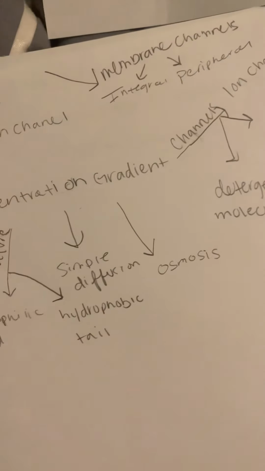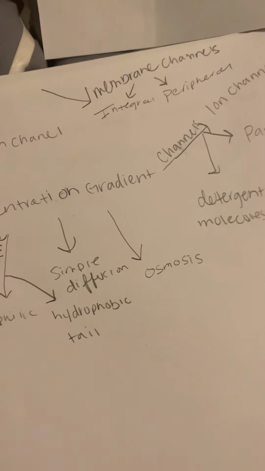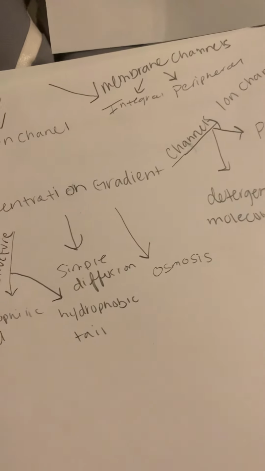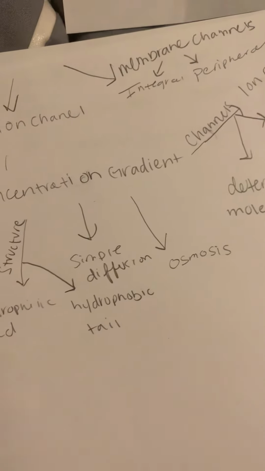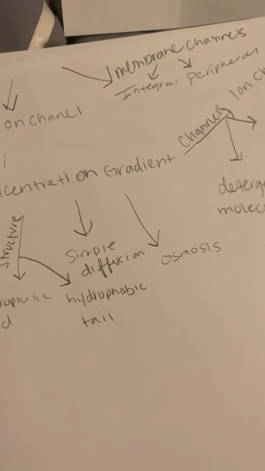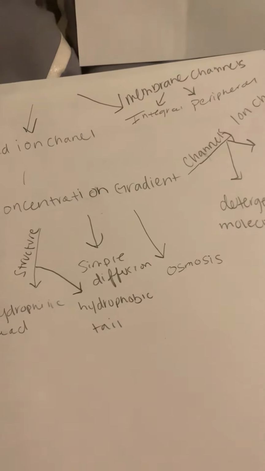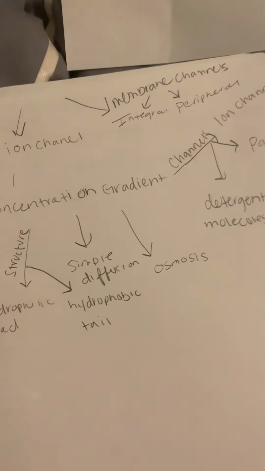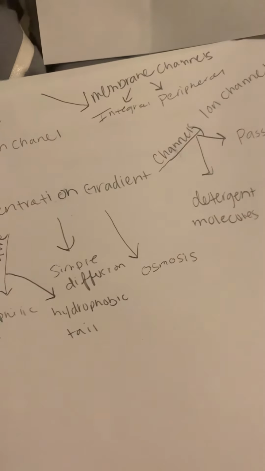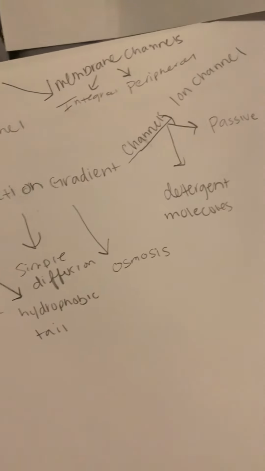And then we have simple diffusion. And simple diffusion is solutes moved across a gradient over time. It's a very slow process. And then we have osmosis.